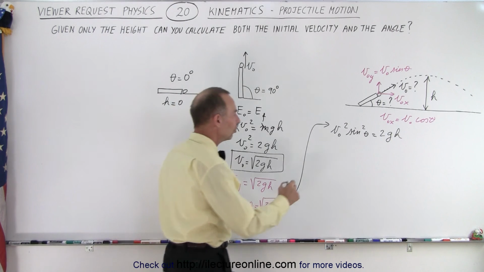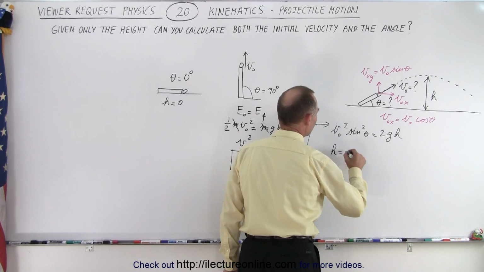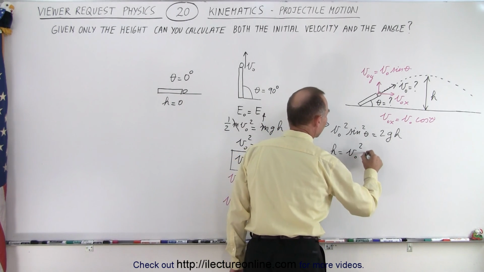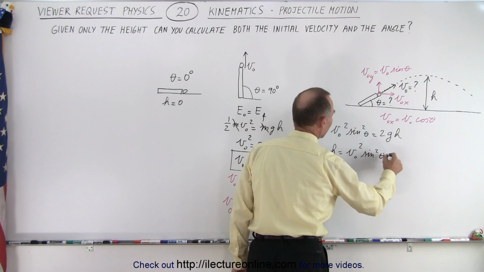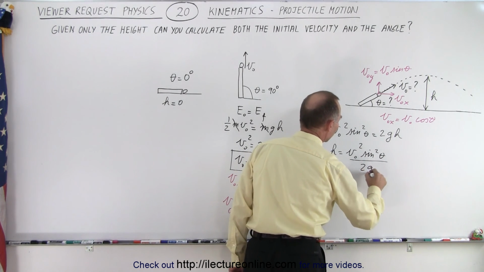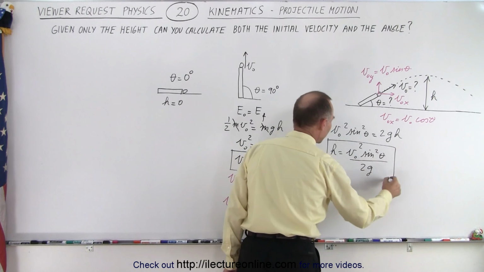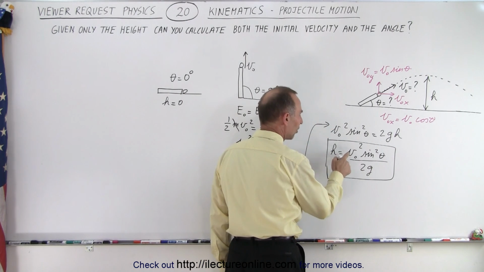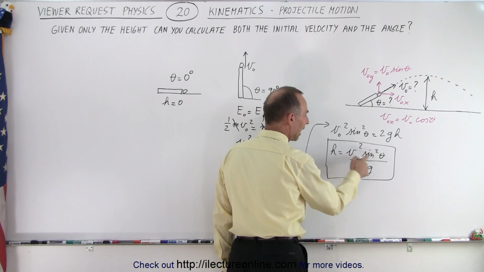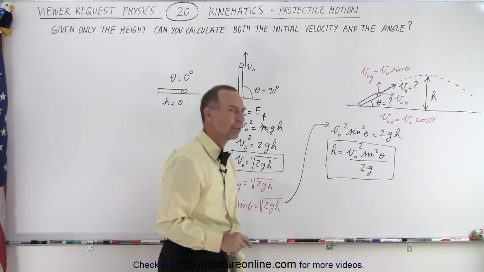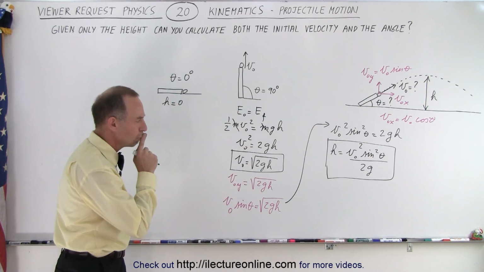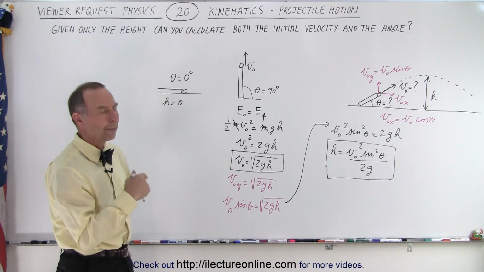Then I solve for h. So h is equal to v initial squared times the sine squared of theta divided by 2g. That is the height gained by a projectile which is fired at some initial velocity v naught at some angle theta.